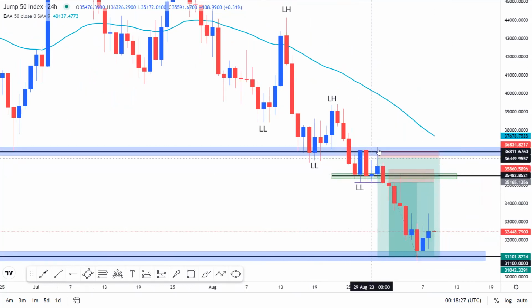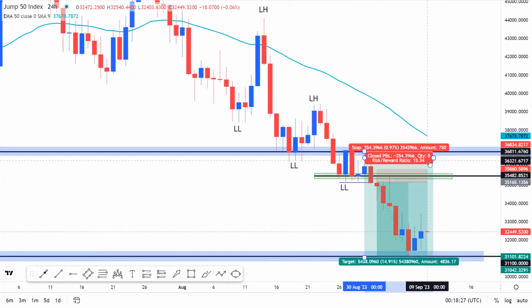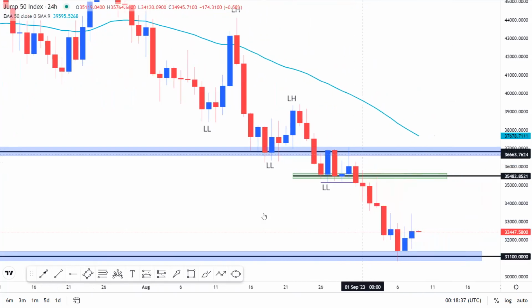This is where at the second retest of the level, I had my first entry for shorts. Right about here was where I had my first entry for shorts.